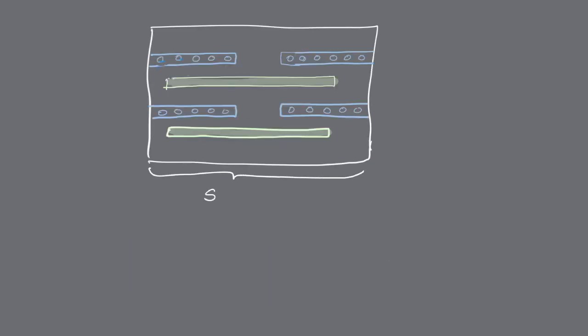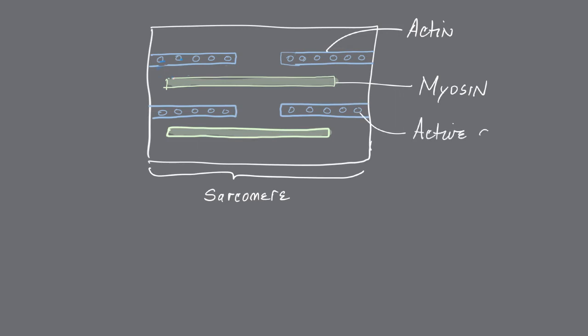So here is a schematic representation of a sarcomere. The sarcomere is the unit of muscle contraction. Each sarcomere has tens of thousands of thin filaments and thick filaments. The thin filament is mostly made up of actin, and the thick filament is mostly made up of myosin.